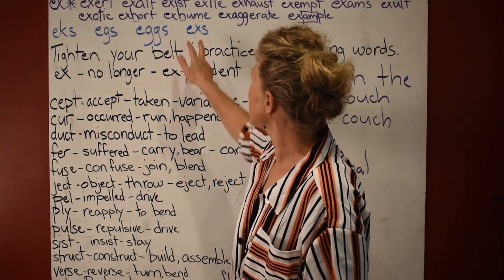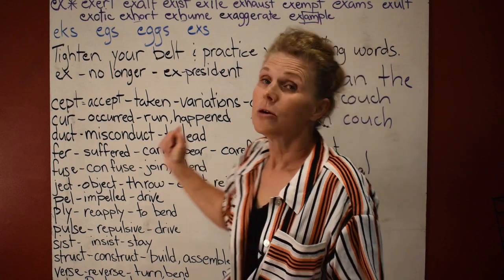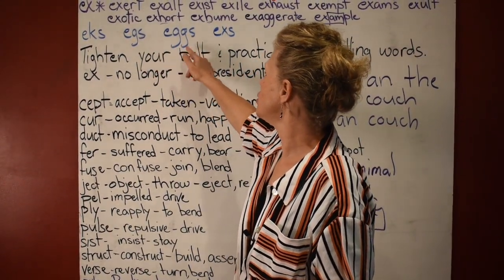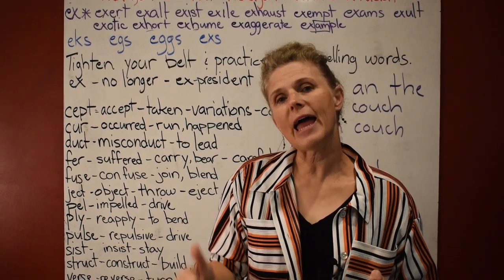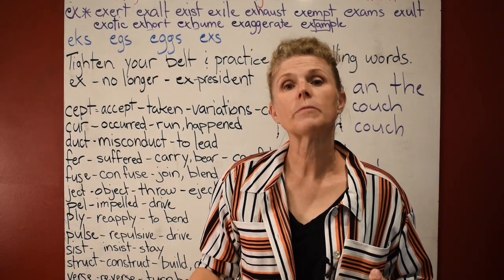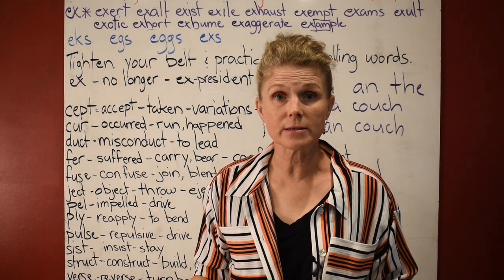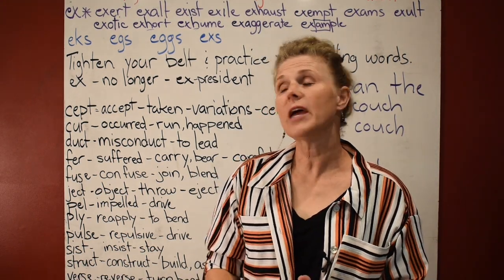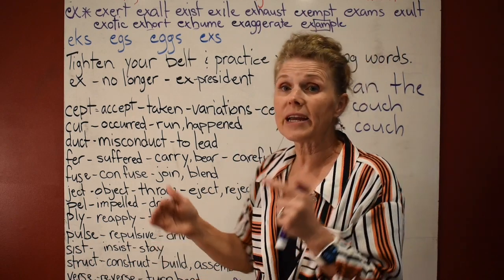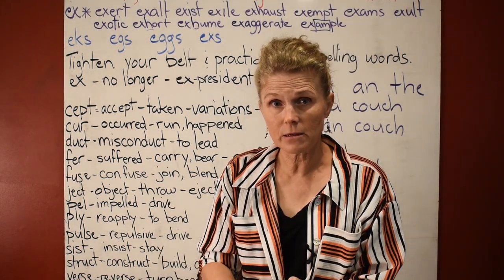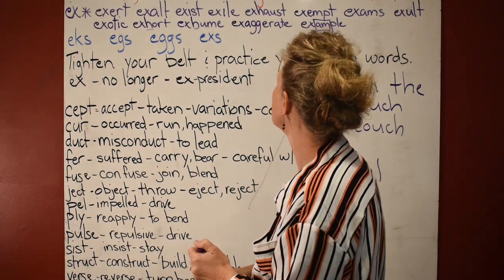You do not spell it EXS. When you hear eggs, you do not spell it EGS, EGGS. You spell it EX. That's how you spell X or eggs. And then you focus on your next syllable, but you don't spell it with that S. Be really careful with that.